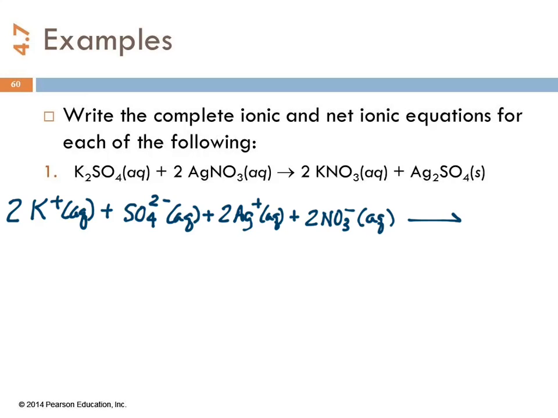And then this goes to, which is, there's not going to be room, so we'll go down to the second line. This is aqueous, so this is potassium and nitrate. So 2K+ and 2 NO3-.